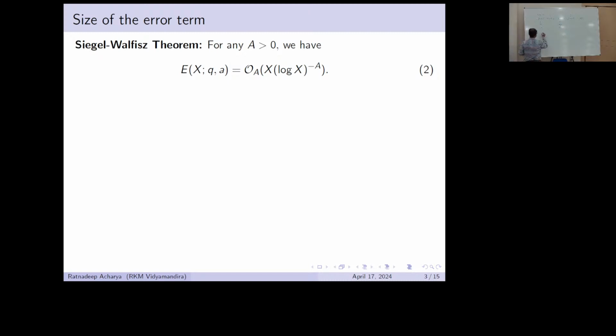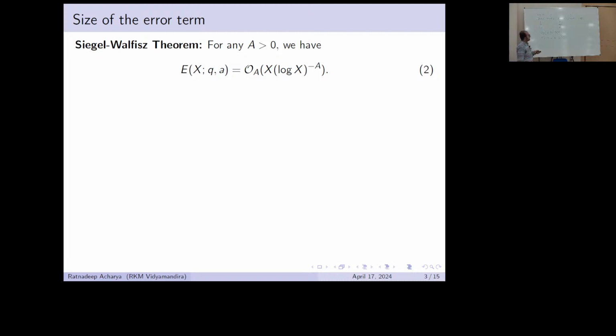Suppose f(x) is a function and g(x) is another function. We say that f(x) is big O of g(x) if the absolute value of f(x) is bounded by some constant times g(x). Here the subscript A on the big O means this constant depends on this A, nothing else.